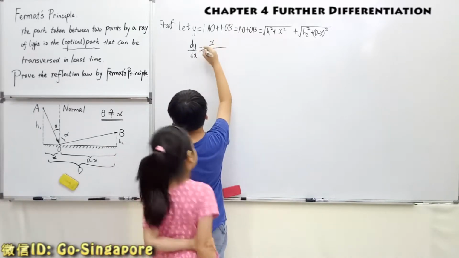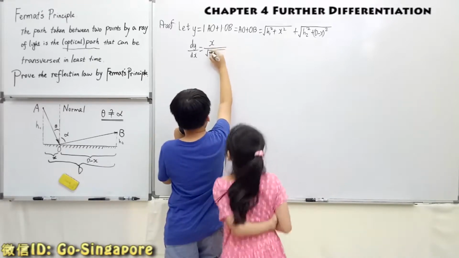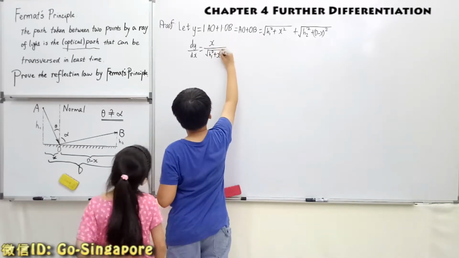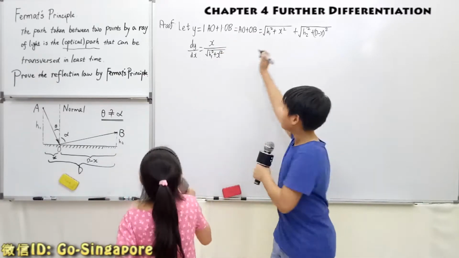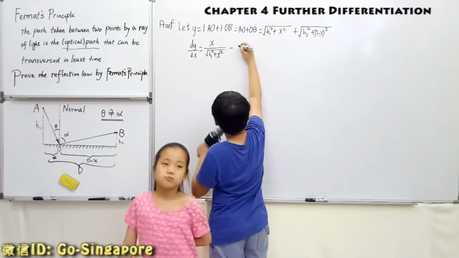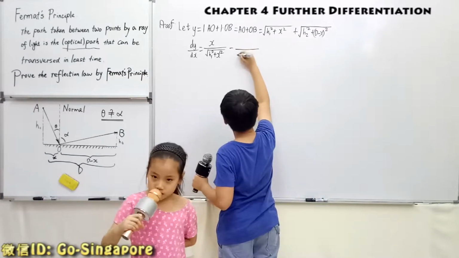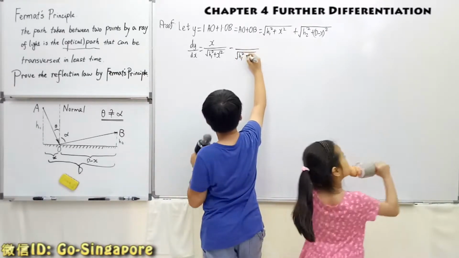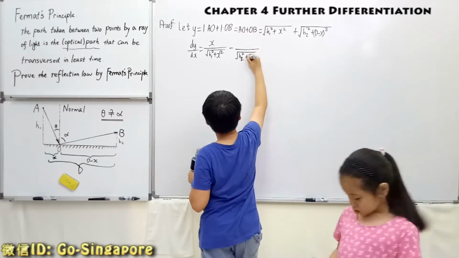For the negative half, the 2 cancel, so this is a square root, like this. Then your minus. Am I right?